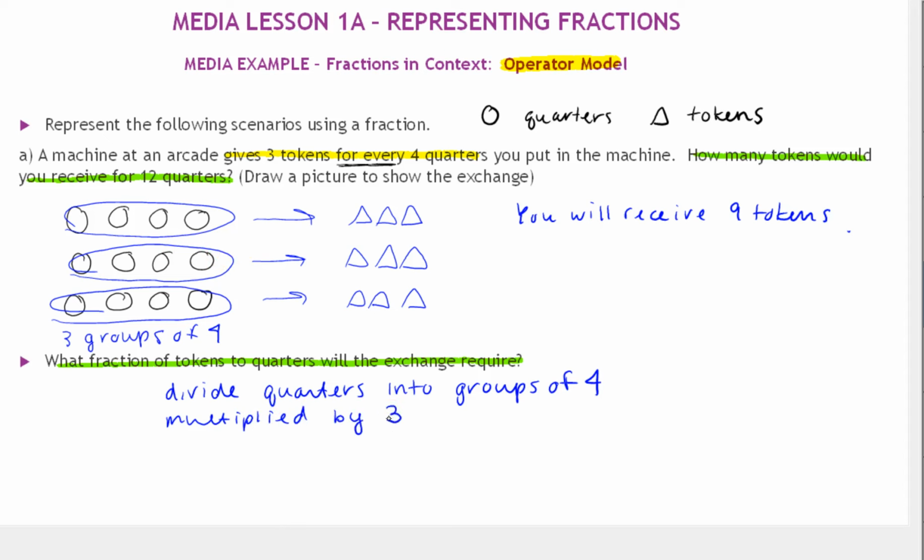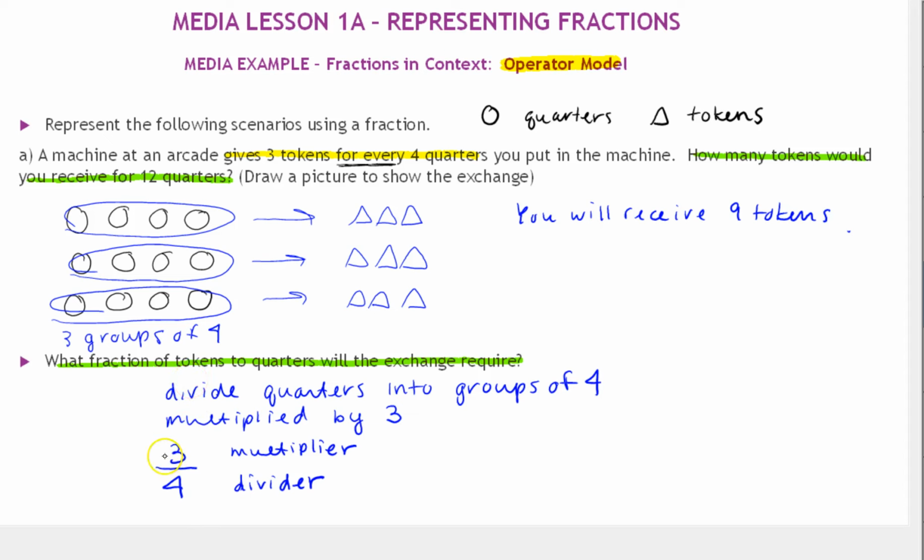So how can we think of this as a fraction? Well, if you're going to look at a fraction, you can think of the top number as the multiplier, and the bottom number as the divider. So we took this and we divided it into 4 groups.